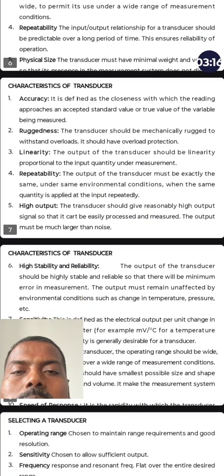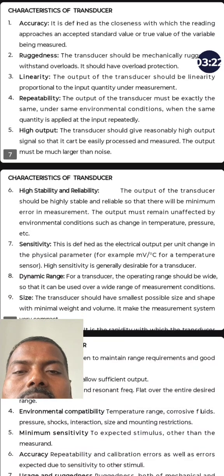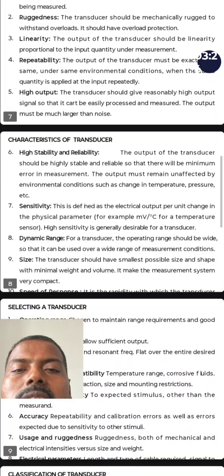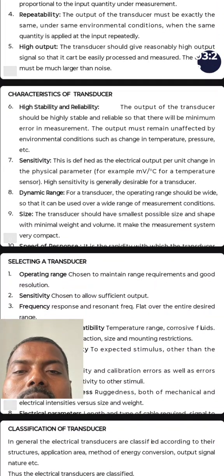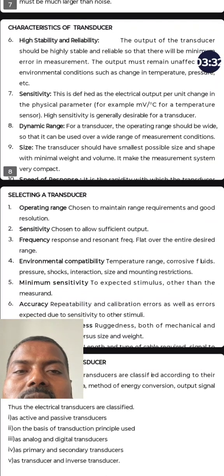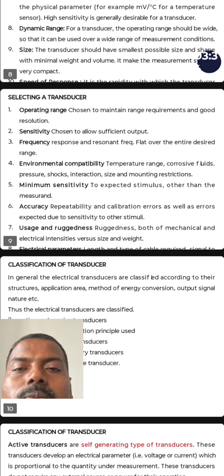The characteristics of the transducer are accuracy, ruggedness, linearity, repeatability and high output. These are some of the characteristics of the transducer, followed by high stability or reliability, sensitivity, dynamic range, size and speed.